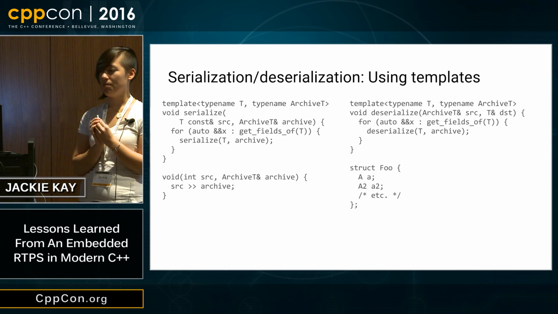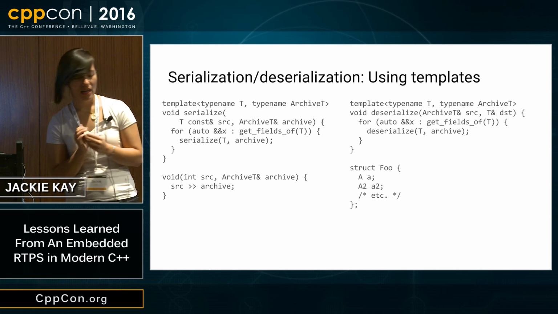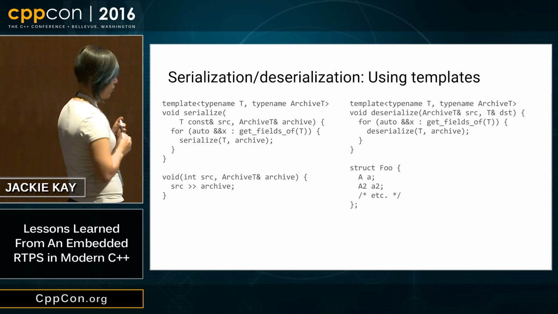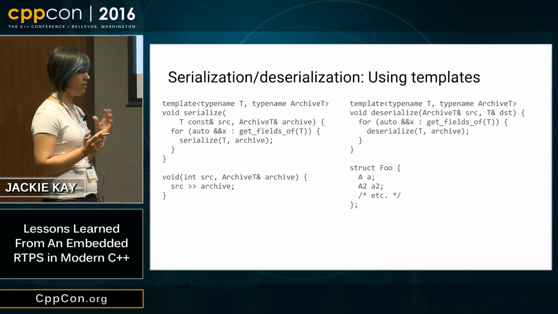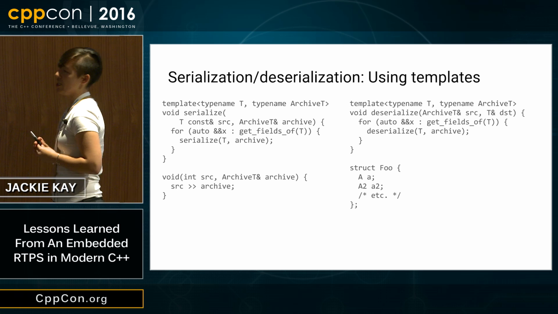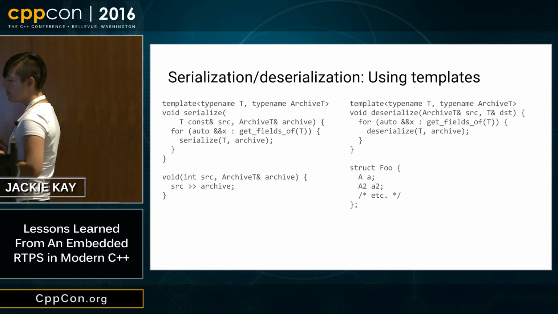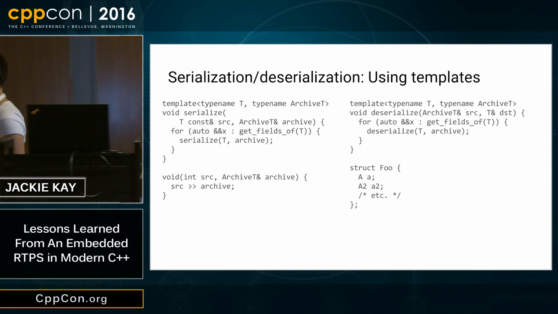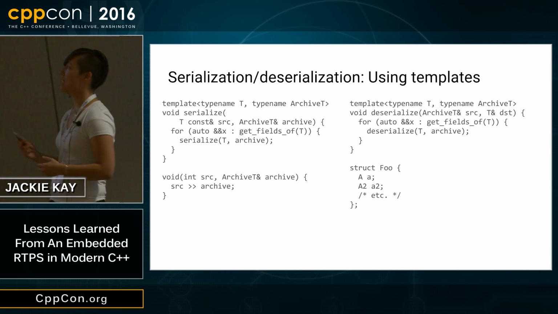And then you basically use metaprogramming to iterate over the fields of a struct and serialize those subfields of your serializable message. And then you do the same operation on the other end with deserialize as you read bytes out from the byte stream.